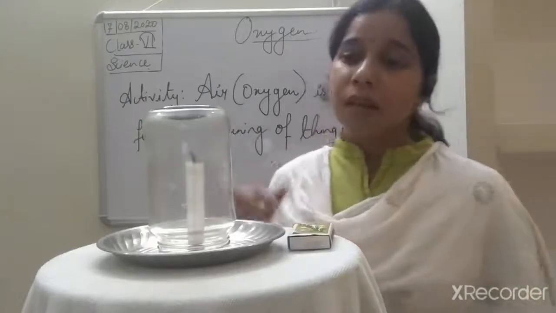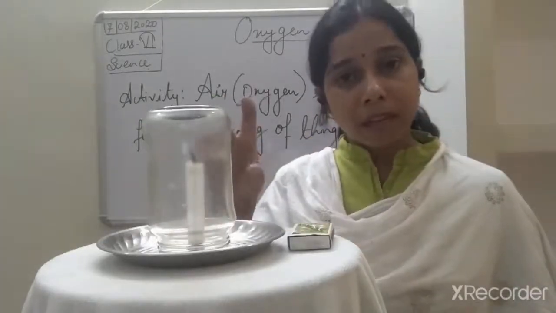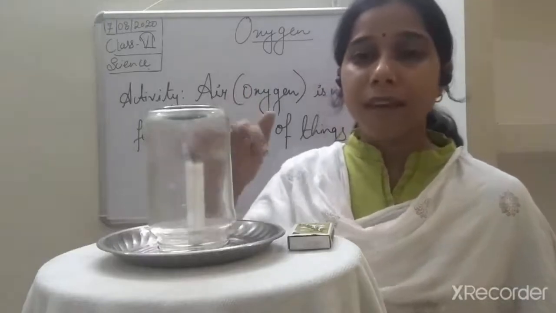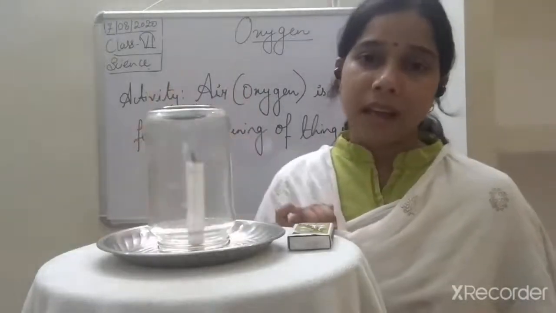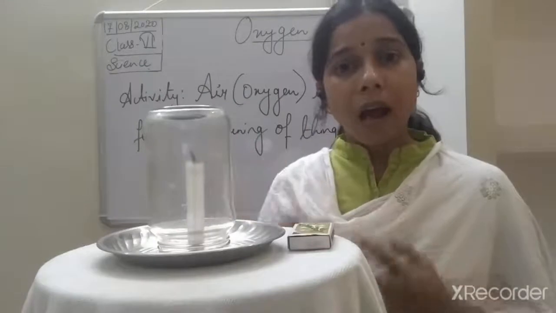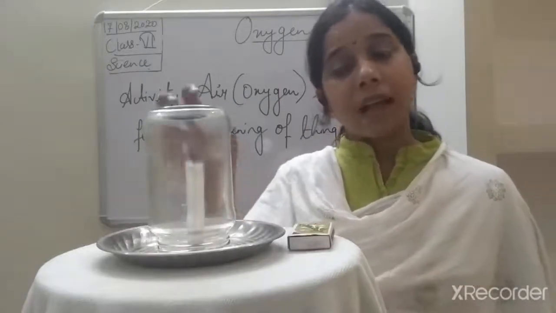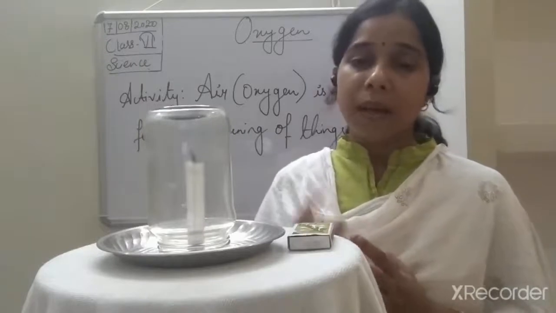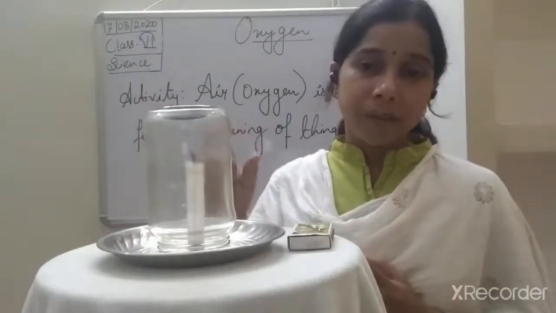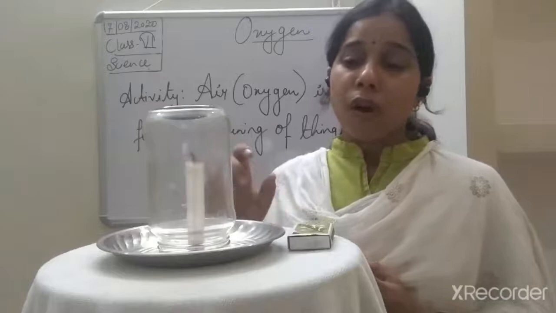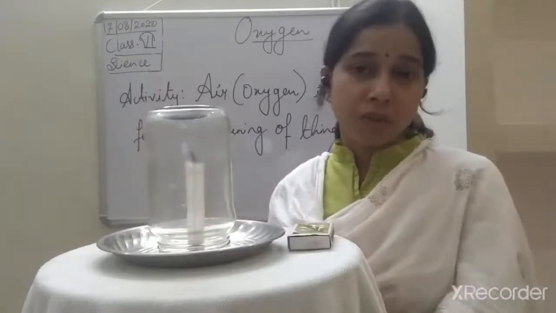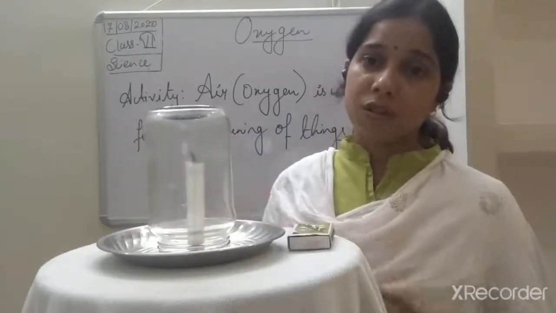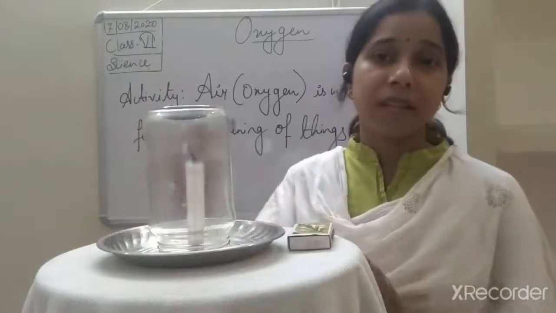It is because at first the candle uses the air which is present inside this glass jar. Afterward, as it uses all the fresh air, all the oxygen in burning, all the oxygen is used up by the candle itself.